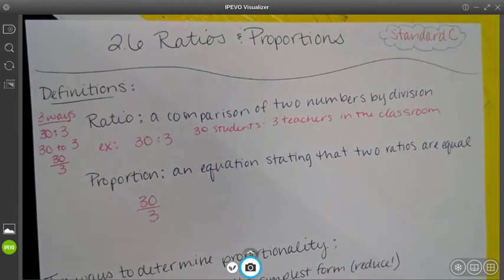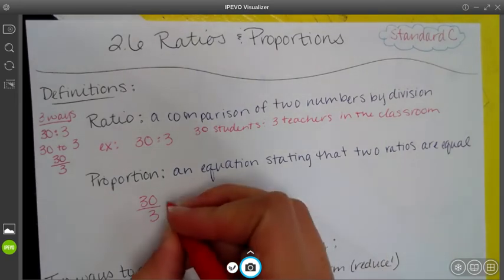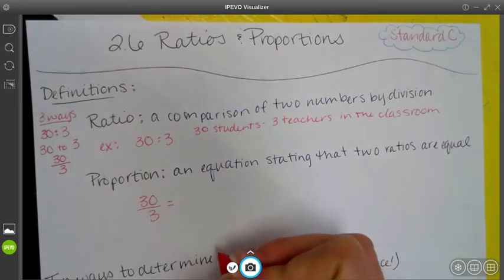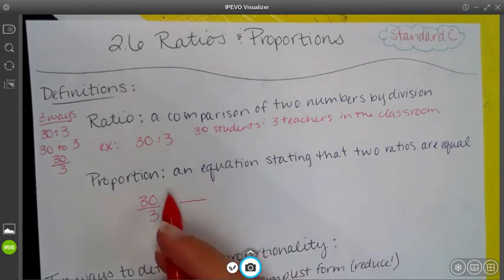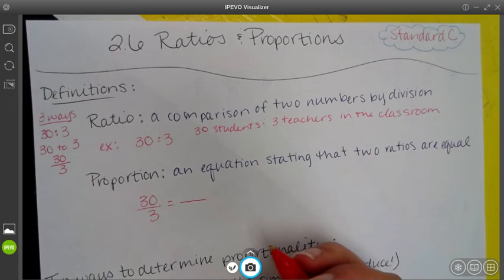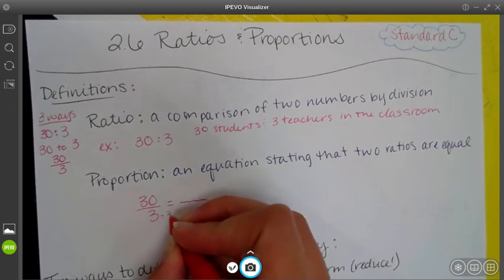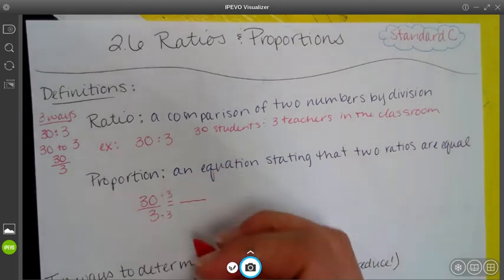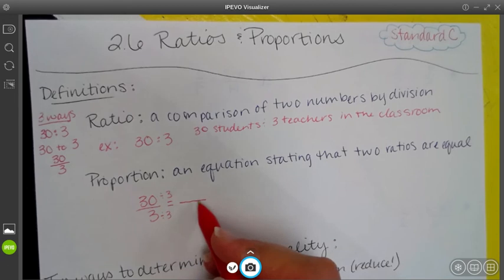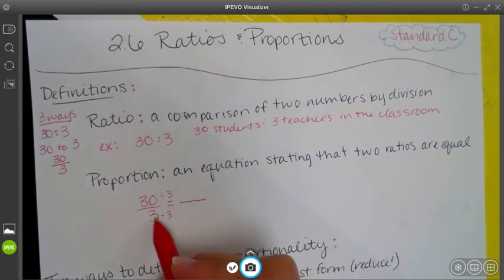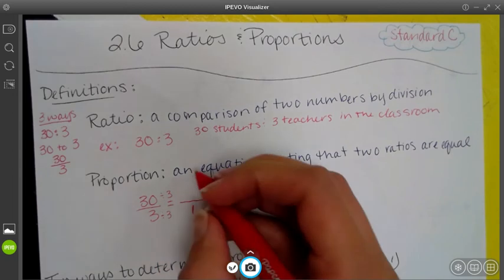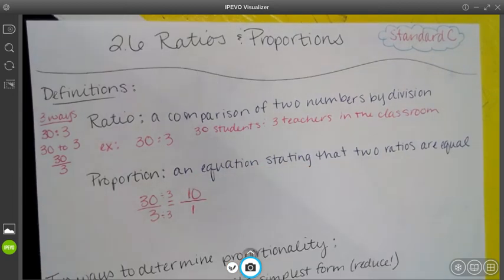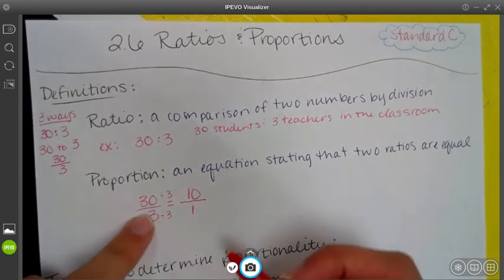If we wanted to write a ratio that is equivalent to that, we can reduce this fraction, 30 over 3. Let's divide by 3 because both are divisible by 3, to get this equivalent fraction. 3 divided by 3 is 1. 30 divided by 3 is 10. So now we have two ratios, 30 to 3 and 10 to 1.